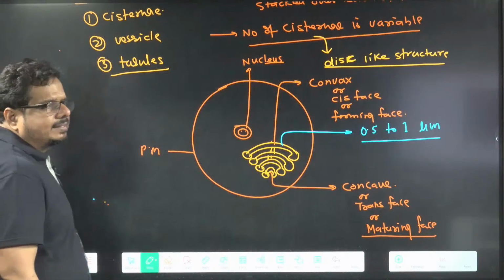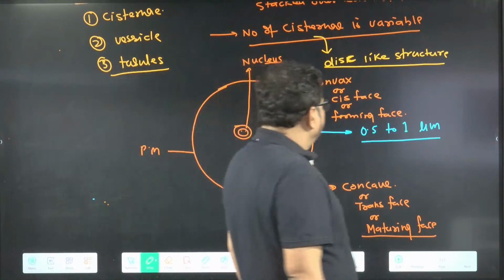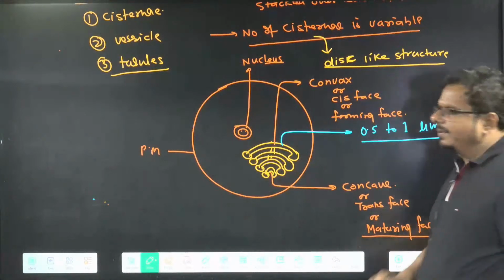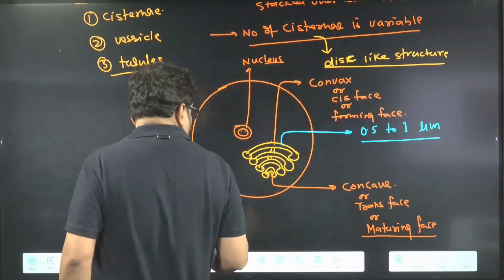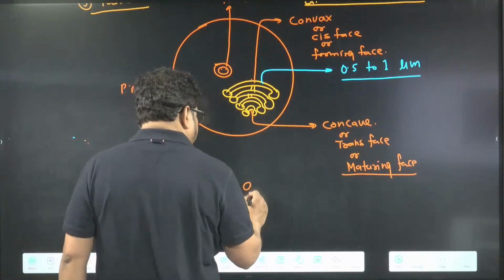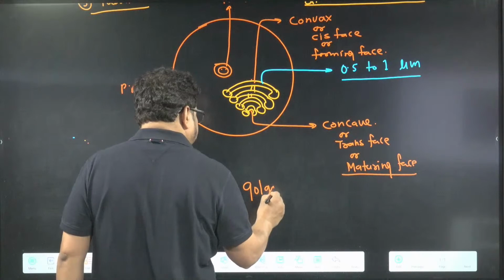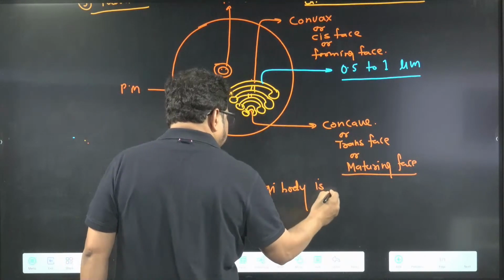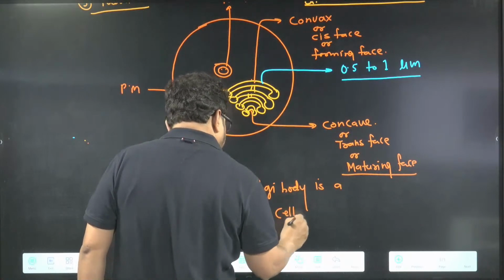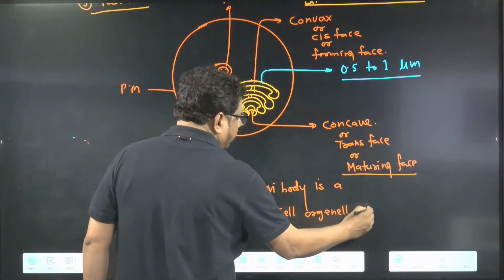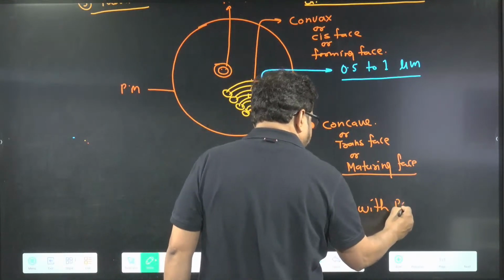So the convex face is called cis face or forming face. The concave face is called trans face or maturing face. Got the idea? So can we say Golgi body is a cell organelle with polarity? Cis and trans are there.